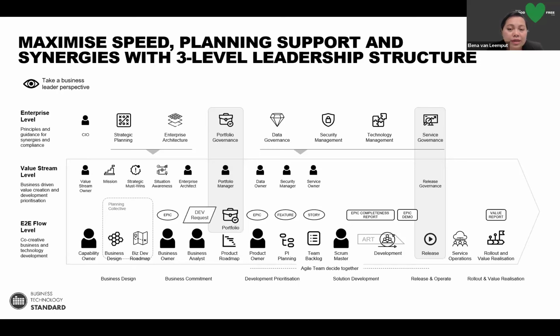So the value stream level actually provides close support to the end-to-end teams and flows. So here you can see the end-to-end level, and here's the value stream level. And these, essentially in the gray box there, are together. The value stream will mandate the end-to-end level flows, and they support them very closely.